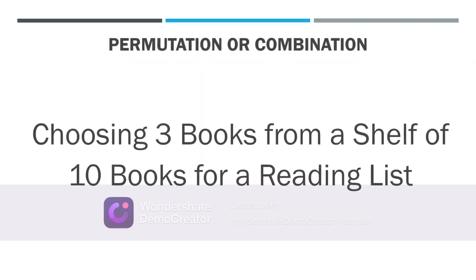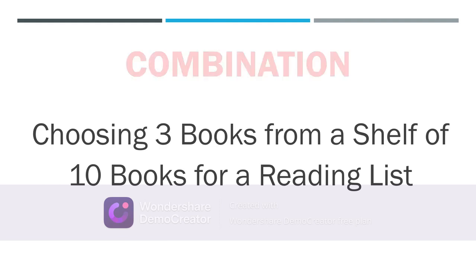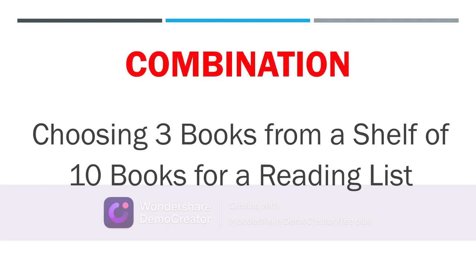Choosing 3 books from a shelf of 10 books for a reading list. There is selection. This is combination. Combination because the order of the books chosen doesn't matter. It only matters which books are selected, not the sequence in which they are picked.